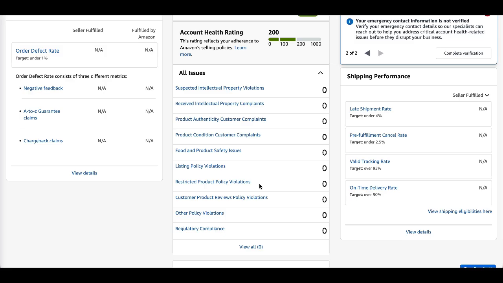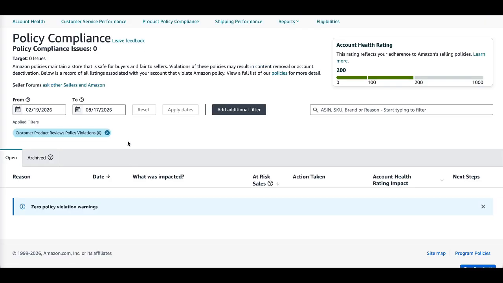Now, the customer product review policy violation. This is slightly rare. I would say we don't receive customer product review policy violations often, because if you are somehow getting reviews that are not meant to be, then these violations come. So always your reviews should be accurate, and they should not be forged. If you are getting accurate reviews, then you will be good to go here.